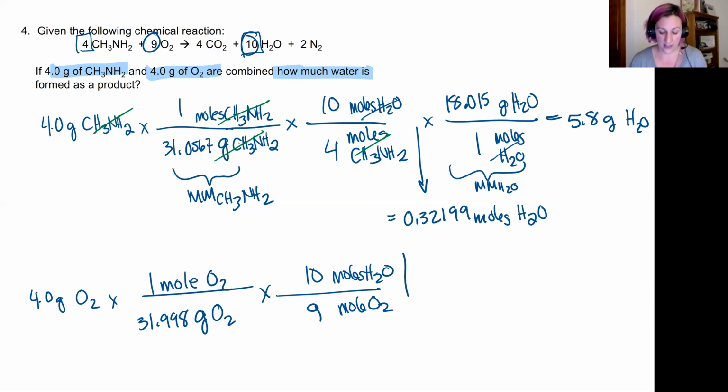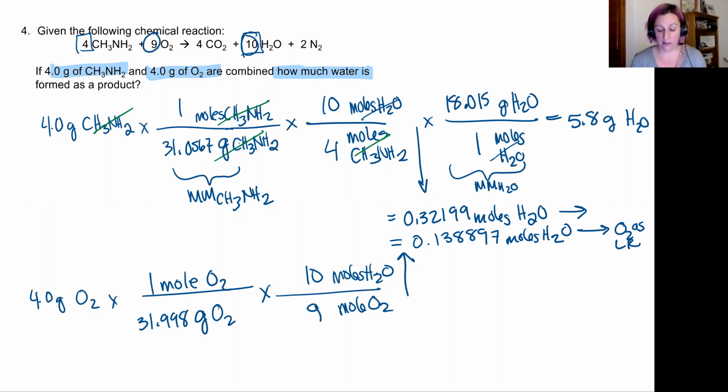So at this point, if I stopped, my number of moles of water that I would produce would be 0.138897 moles of H2O.